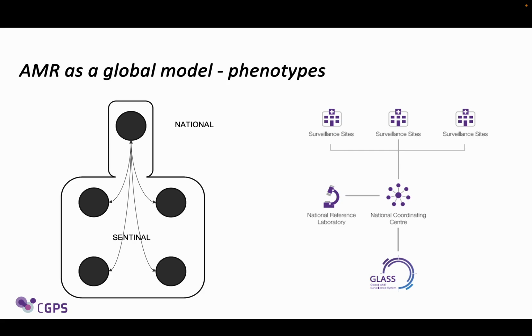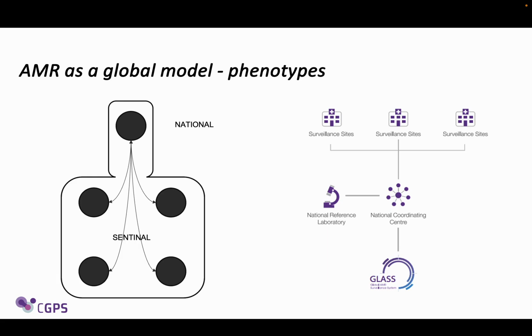But if we then scale down into a national level, some of the approaches are within AMR national coordinating centres that then hook into a set of surveillance sites across a country. Could be hospitals, could be other entities that really touch on the patient.